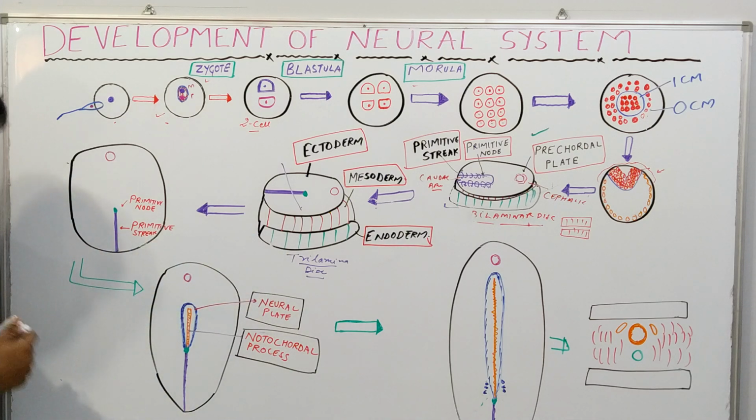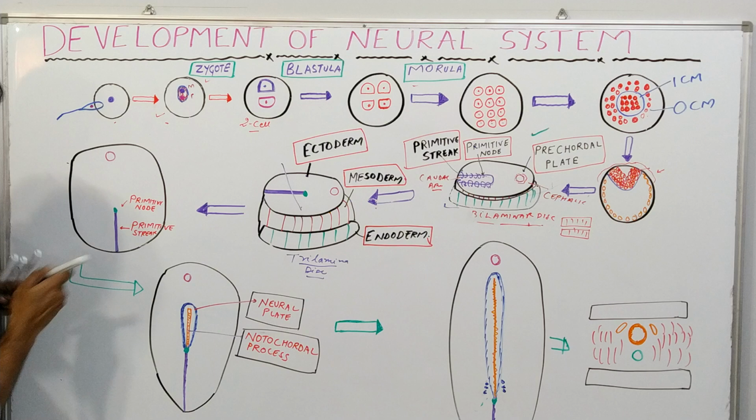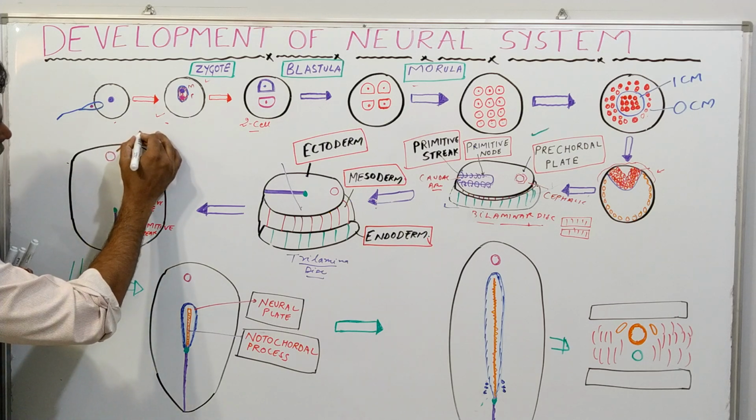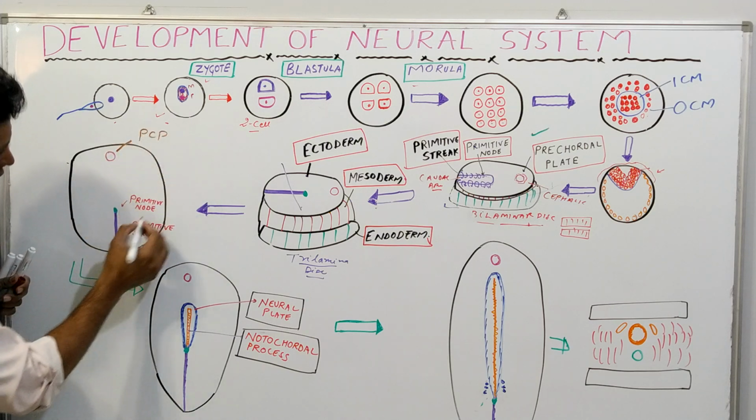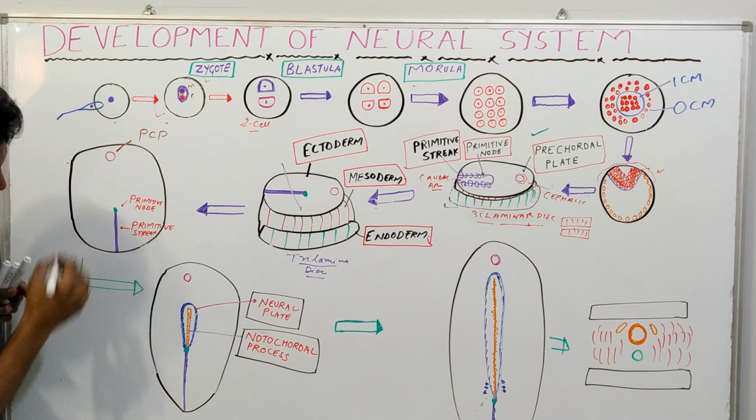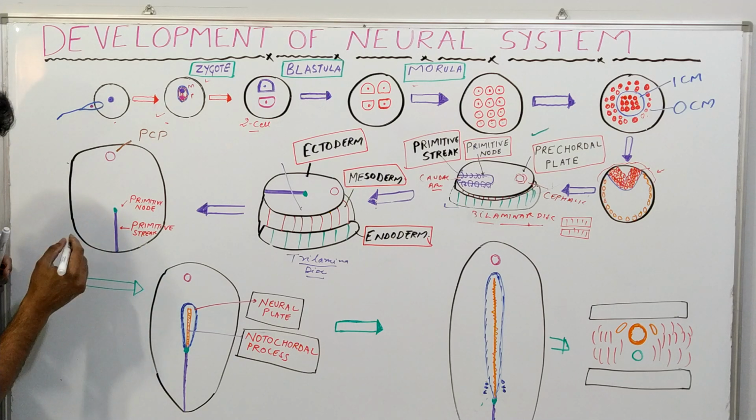So here it is very easy. This is your procaudal plate, this is your primitive node, and this is your primitive streak.